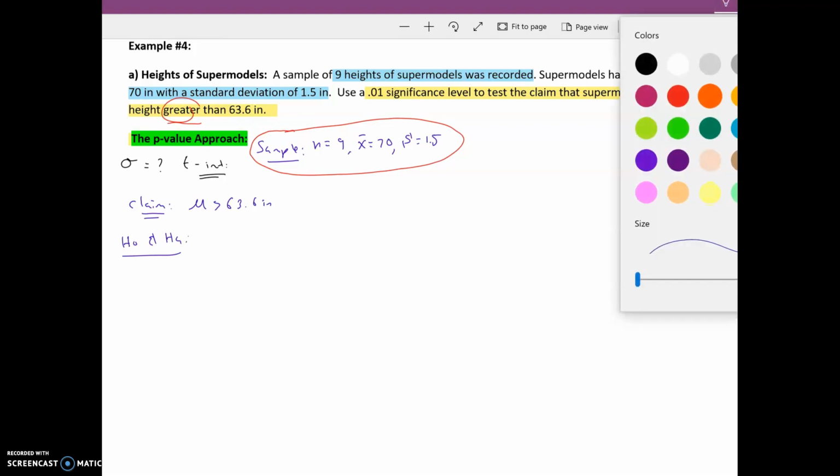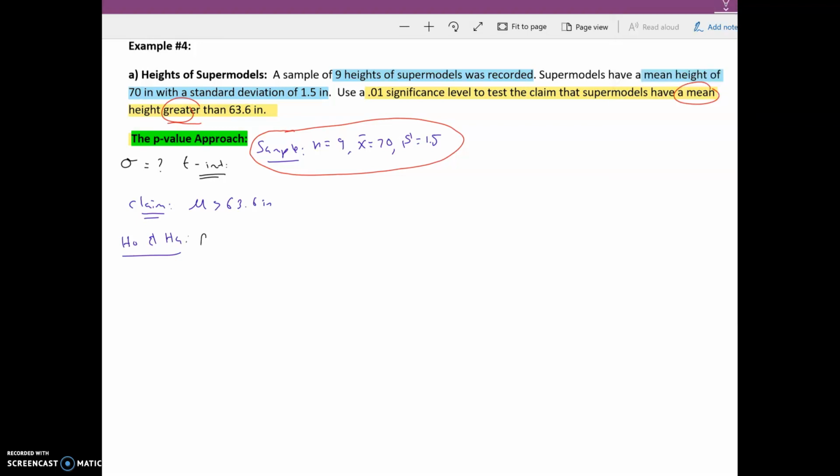Now, as we write our hypotheses, we basically have that H0: mu is equal to 63.6 inches, and your HA, you're going to have mu is greater than 63.6 inches. Now, this portion here, it's based on the general setup.